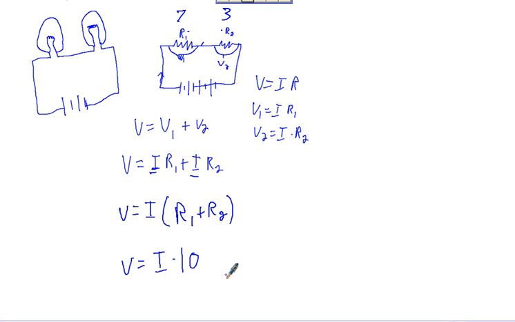So basically, connecting them in series means, I should probably write this down, a connection in series means that each resistor gets the same amount of current.